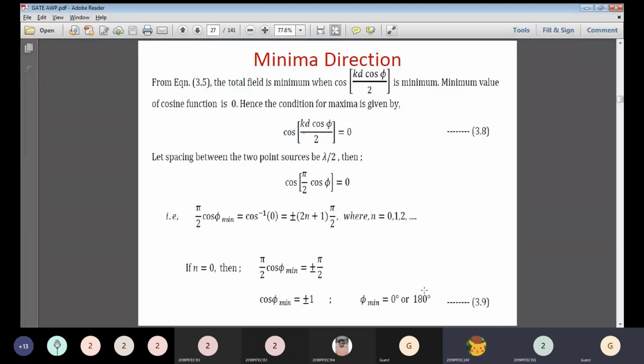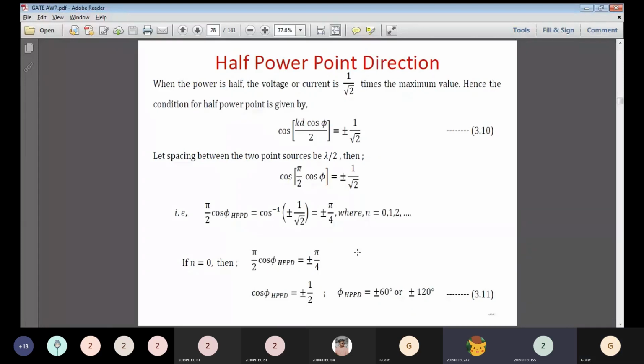And half of the beamwidth will exist at 1 by root 2. So by this we are going to get phi of HPPD, the half power point direction, equal to plus or minus 60 or plus or minus 120.